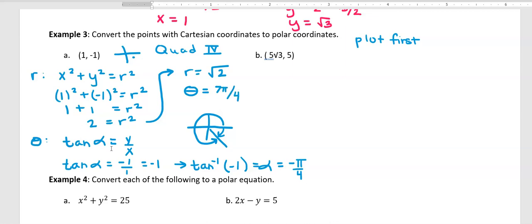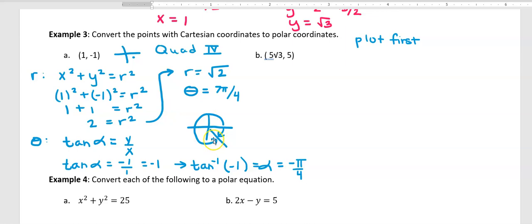So we'd have a radius of positive √2, and the reason it's positive √2 and not negative √2 is because I'm measuring from the origin out in that positive direction. If I were going in the negative direction, I would be up here in the second quadrant, right?